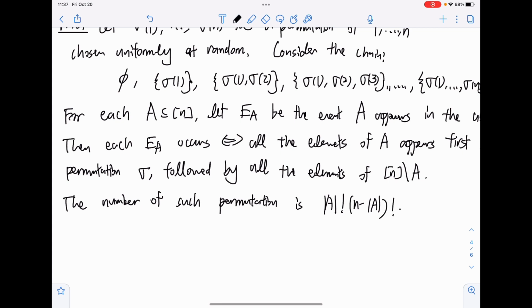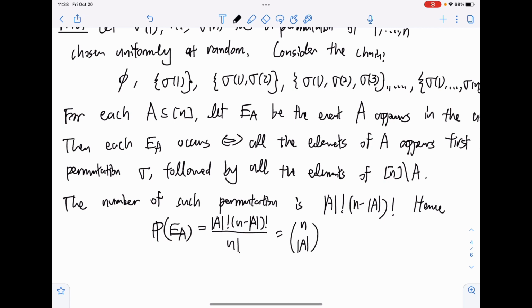And hence the probability of each A happening is this over the total number of permutations, n factorial, which is size of A factorial times n minus size of A factorial over n factorial, and from some algebra this equals n choose the size of A to the power of -1.